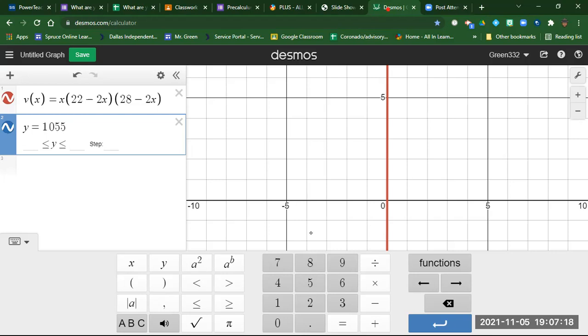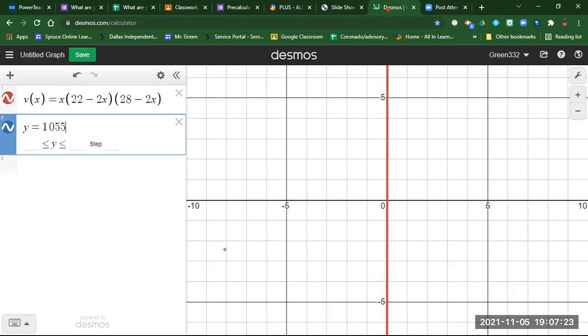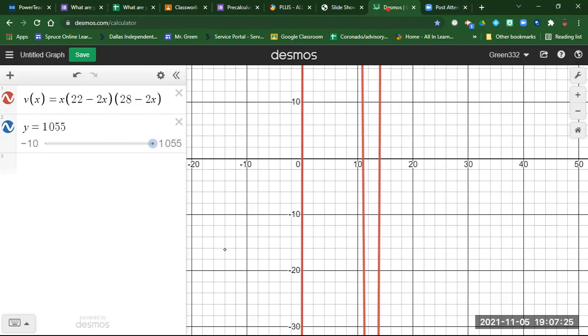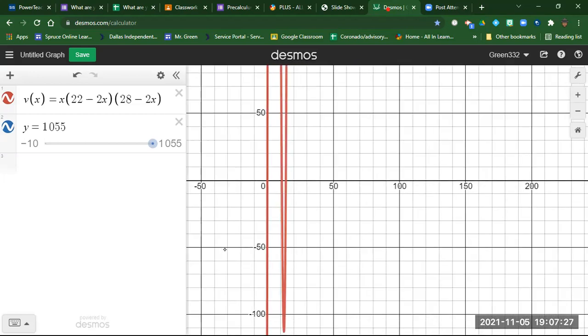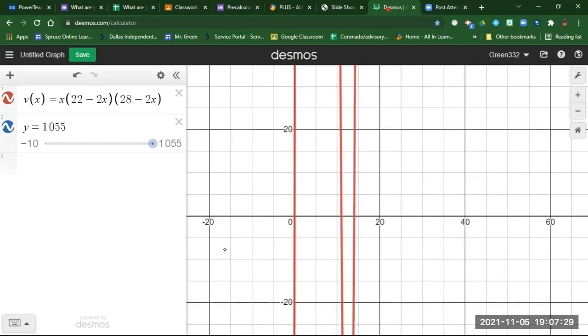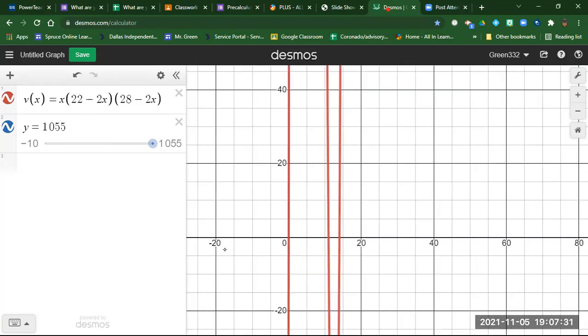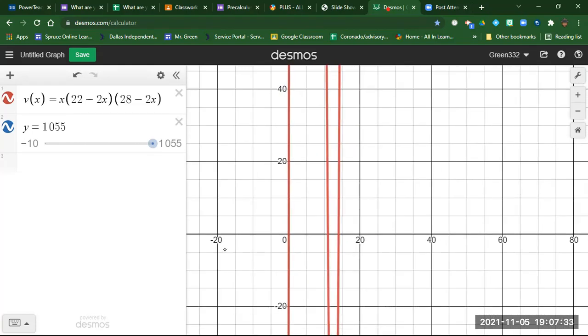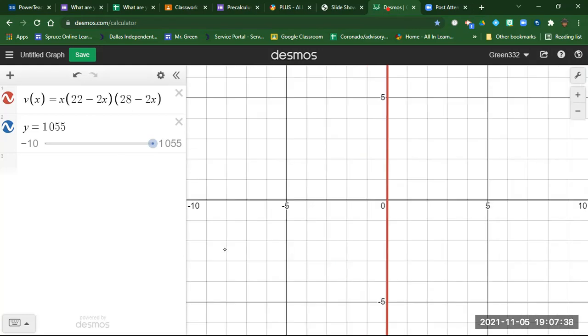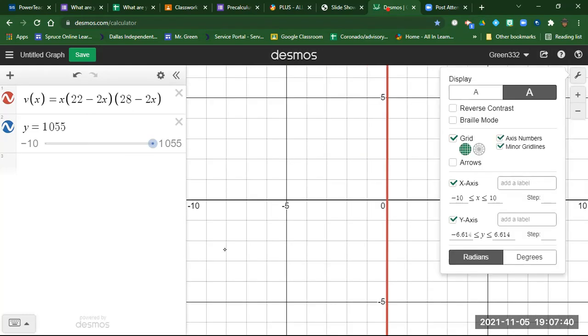Okay, let me move this up. Okay, you can't see all this. Look what happens when I try to do that, it's going to be hard to read. So what I'm going to do is change my settings here. Oops, let me go back.